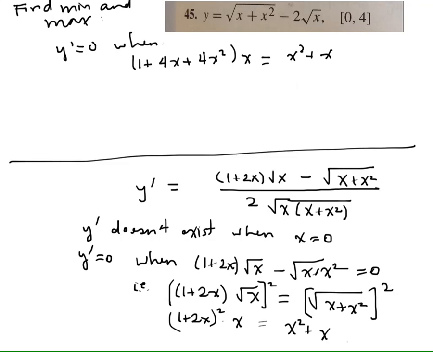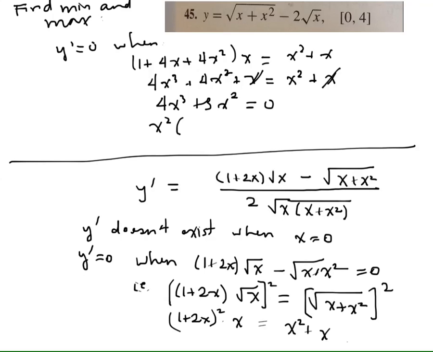Okay, so I get 4x cubed plus 4x squared plus x equals x squared plus x. So these x's cancel. So I get 4x cubed plus 3x squared equals 0.